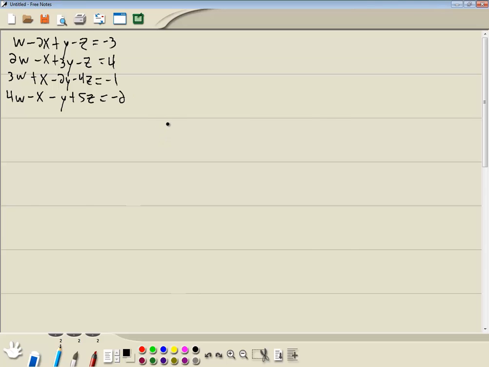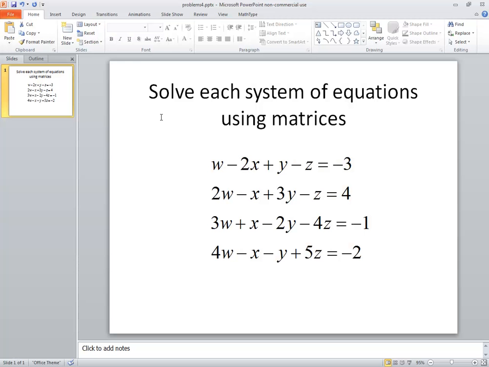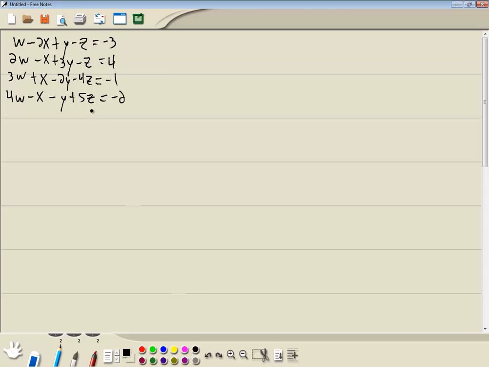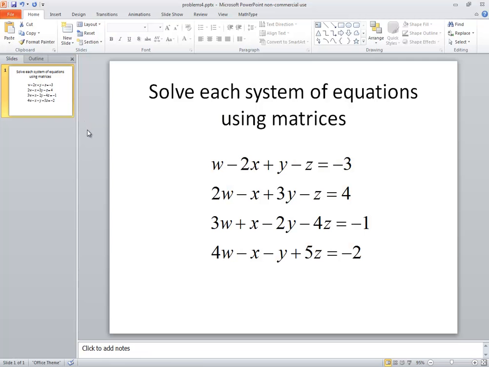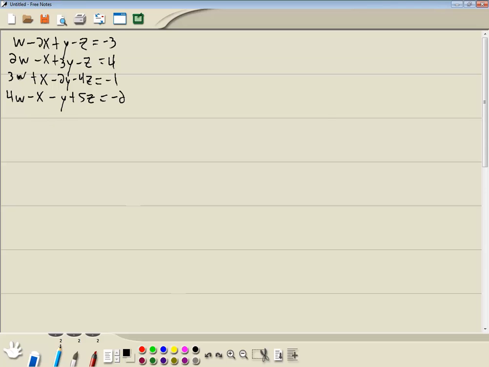Now let me just double check my signs real quick. Okay, that looks right. First thing we want to do is write down the matrix that goes along with this. So we'll drop our w's, x's, y's, z's, and equals, and keep the numbers and their signs.